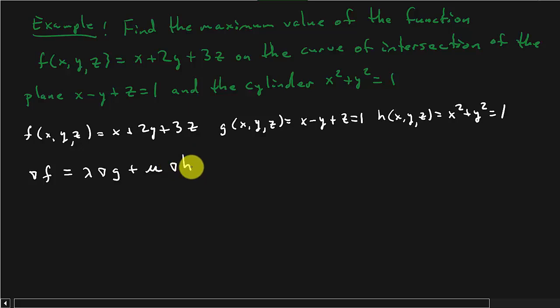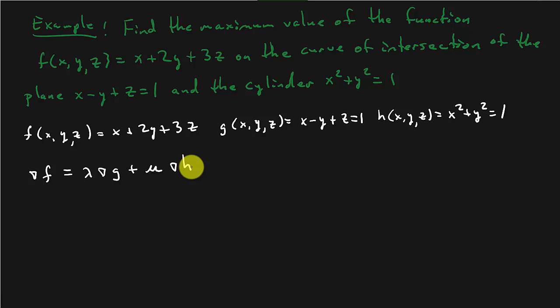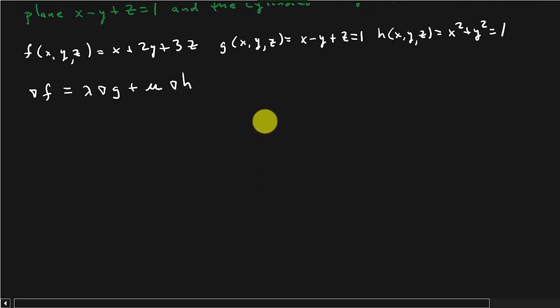All right, so there we go. Just writing out like we did last time. It's just we've got two constraints this time. That's all. So this is the partial of f with respect to x, and that's going to be lambda times the partial of g with respect to x plus mu times the partial of h with respect to x. We just got an extra term in there.